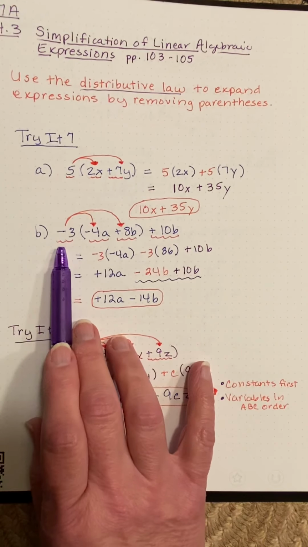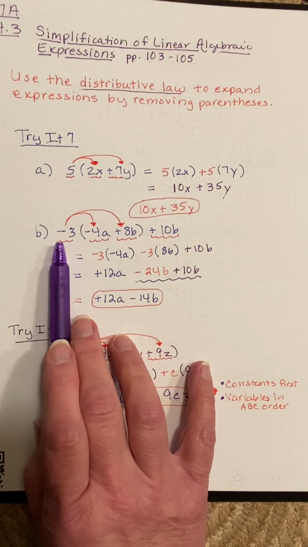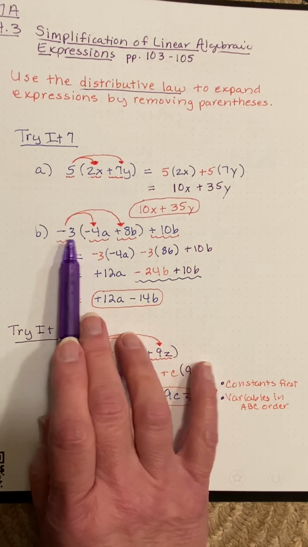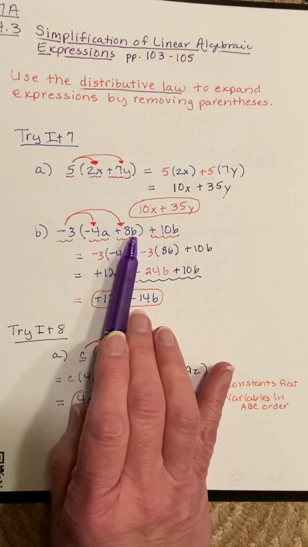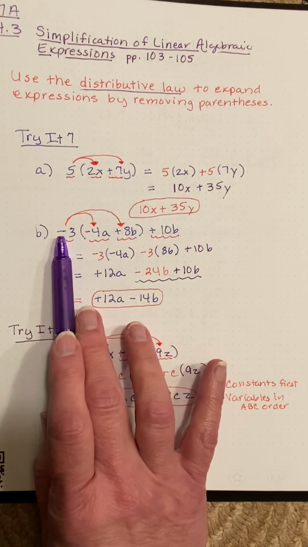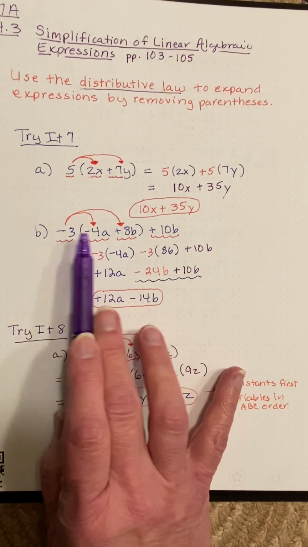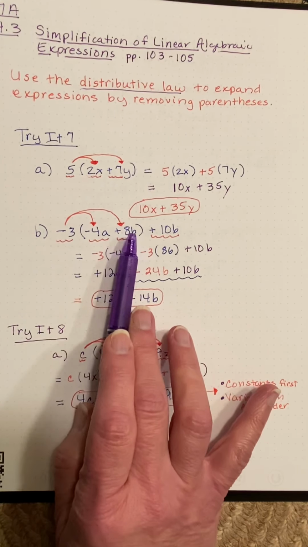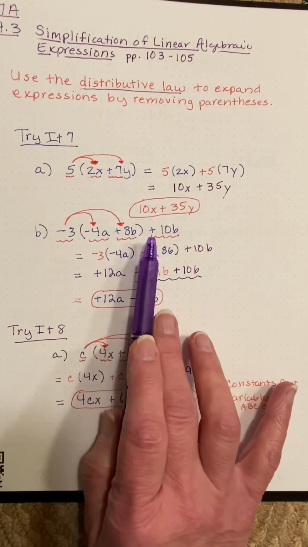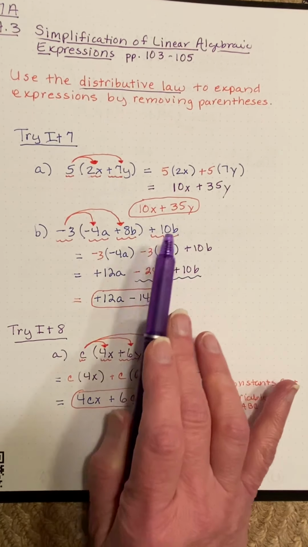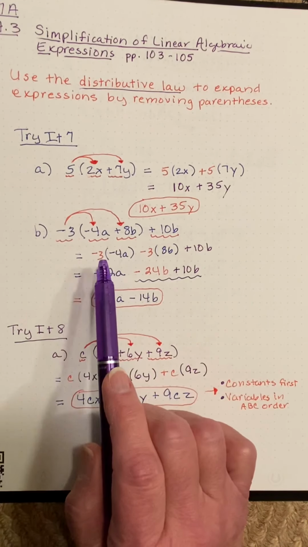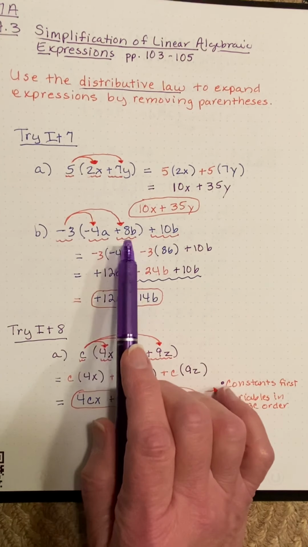Throwing some negative numbers into the mix, in problem B I have negative 3 times, in parentheses, negative 4a plus 8b. So I'm going to distribute that negative 3 to the negative 4a and the negative 3 to the positive 8b. And then at the tail end, I'm going to add 10b. So rewriting that, I first do the distributing.